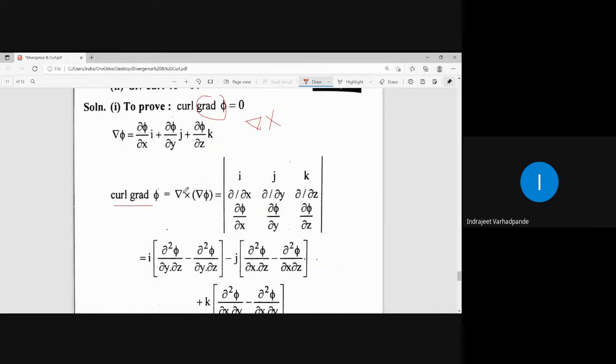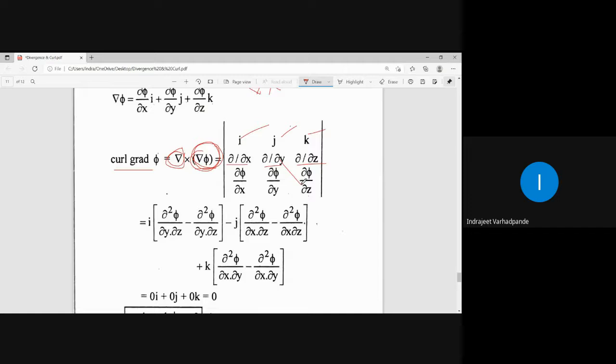So curl grad phi means del cross grad phi, means determinant i j k, del का कंपोनेंट होता है del by del x, del by del y, del by del z, that will be the second row. Third row will contain the component of grad phi. Those are del phi by del x, del phi by del y, del phi by del z.